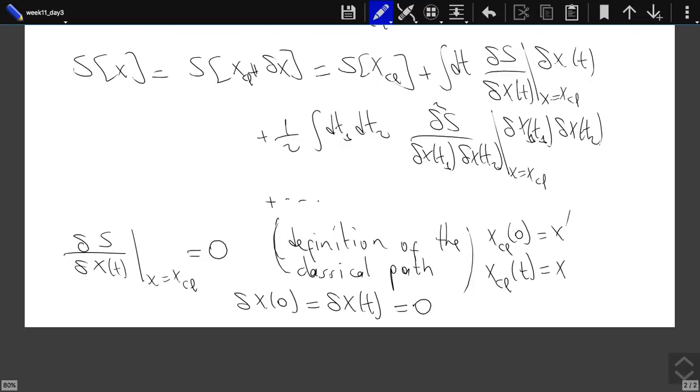We started with a path integral where we were summing over all the paths satisfying these initial and boundary conditions. Then we found the classical path, and we are looking for the quantum fluctuations around these classical paths, and those quantum fluctuations should be 0 at the boundaries. So basically all the x and x prime dependencies are in the classical path.